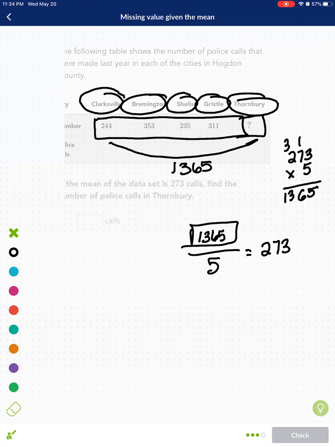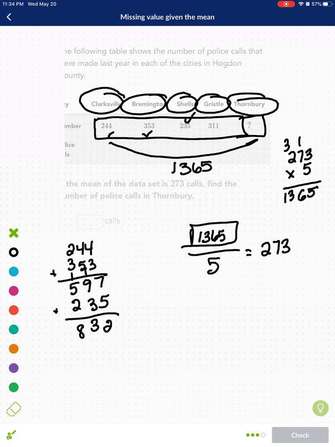All right, so we're going to do some adding right now. So 244, 353. Let's add those two. It's 597. Check, check. We need to add in 235. I'll give you 12, carry the 1, 13. And that's going to give you 832. And we need to add in 311, 1143.